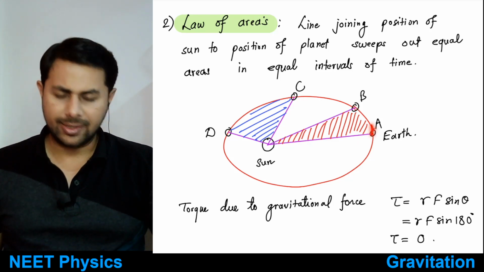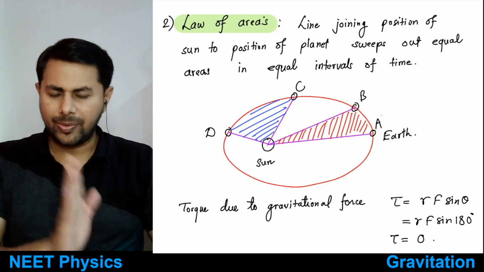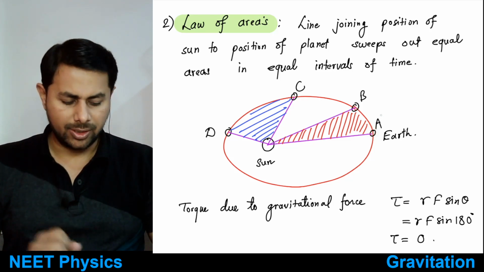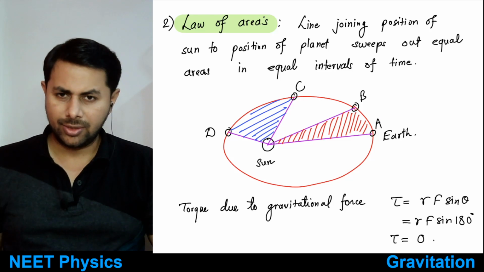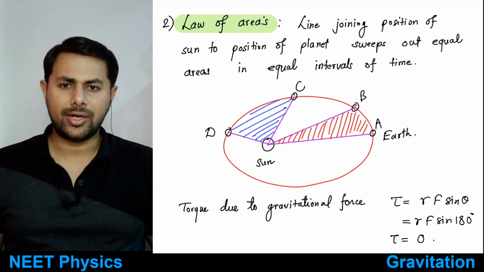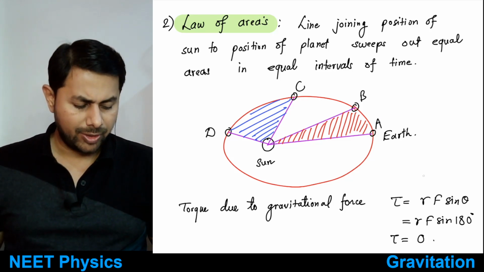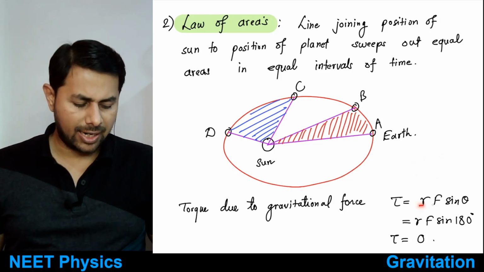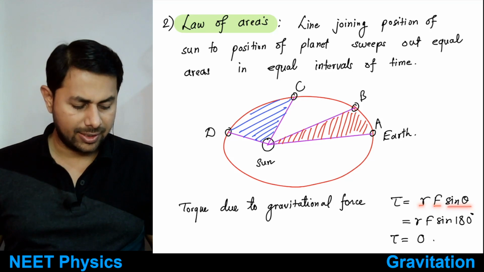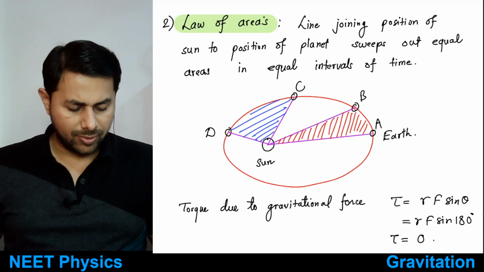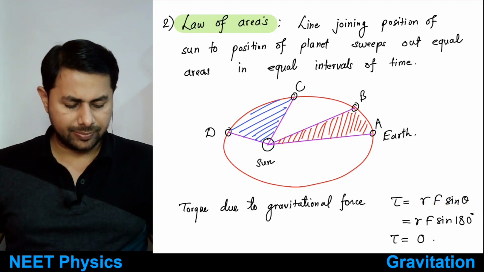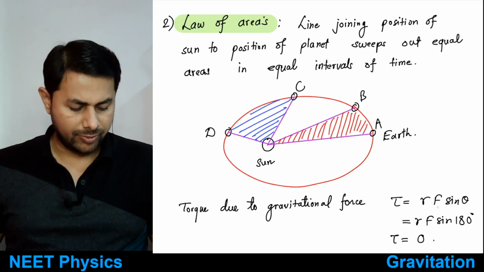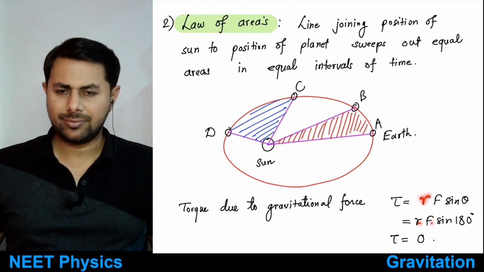So at any given time the planet is moving perpendicular to this gravitational force. If you find out the torque due to the gravitational force, we know torque is the cross product of r bar and f bar, that is, its magnitude is r times f multiplied by sine theta. So what is the angle between r and f?